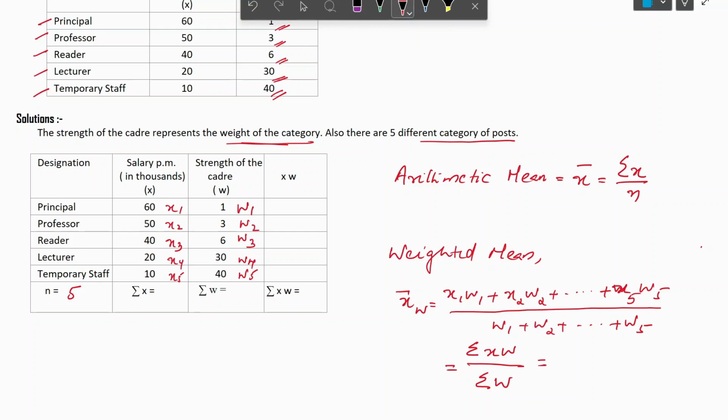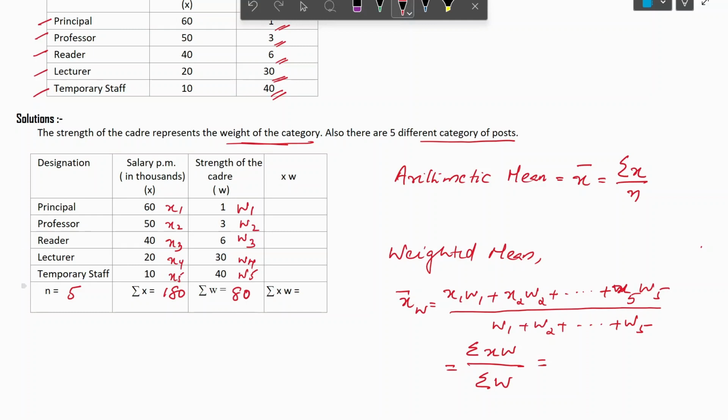Okay, if you're going to do it by columns, then you can follow this method. Now here, first you counted how many categories are there, that is n equal to 5. And for salary, that means your X value, you are adding sigma X. Just add the values, that is 180. Here you are adding sigma W, that is 80: 40 plus 30 plus 6 plus 3 plus 1.